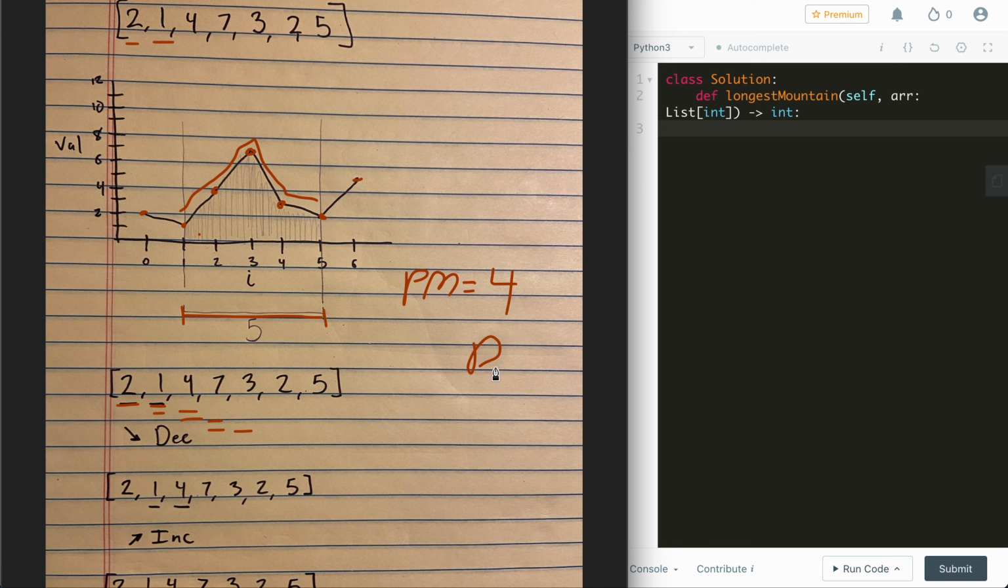So we're now in a decrease, and we only set the mode as decreasing to keep track of a decrease if it was preceded by an increase.